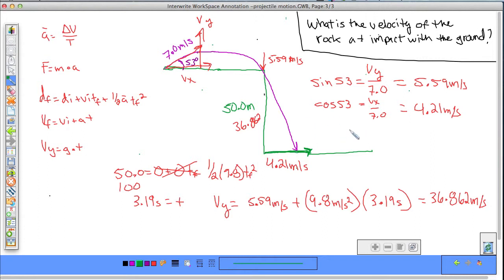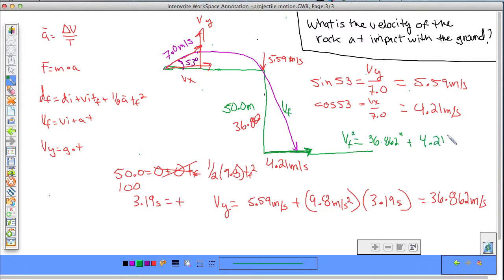Let me get a different color just so it's easier to separate out what I'm doing. So my velocity final, and that's what I want to know right here, my velocity final vector is going to equal 36.862 squared plus 4.21 squared. So this should be squared too.